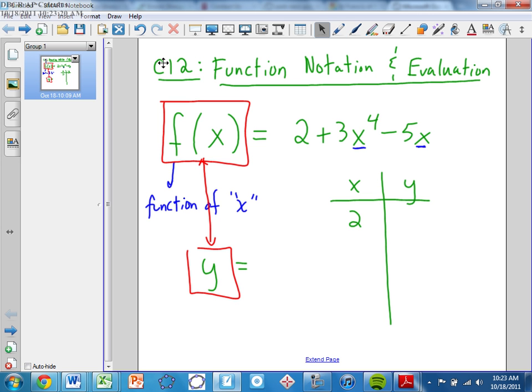You'll end up with 2 to the fourth, that's 16, times 3 is 48, minus 10 is 38, plus 2 is 40. So after plugging in a 2, you'll get a value of 40. When you plug in a value, what comes out is the output, or the y value.